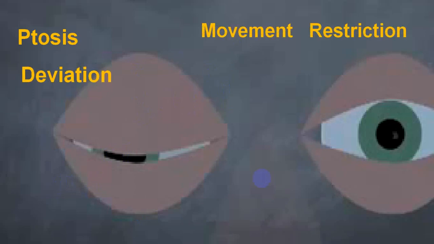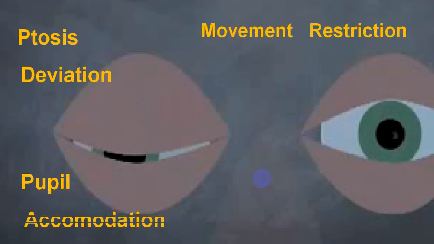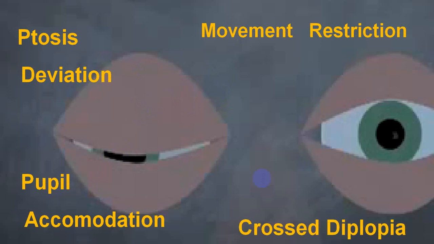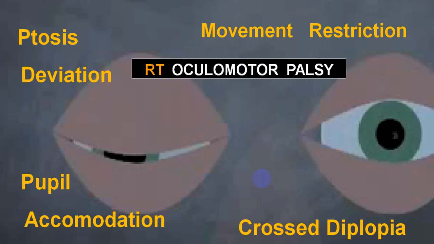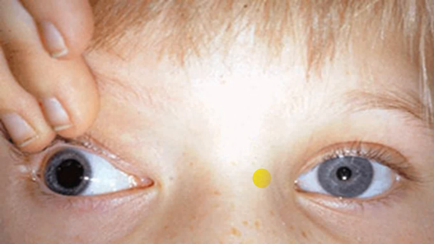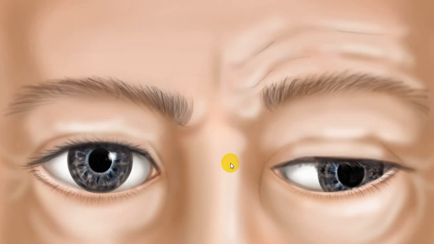Ptosis, deviation, movement restriction, pupil will be dilated, accommodation reflex will be absent, and you will have a cross diplopia. Right side, you can see clearly the pupil is dilated and there is a ptosis, and this is outwards and little downwards. Again you can see here, this is on the left side.